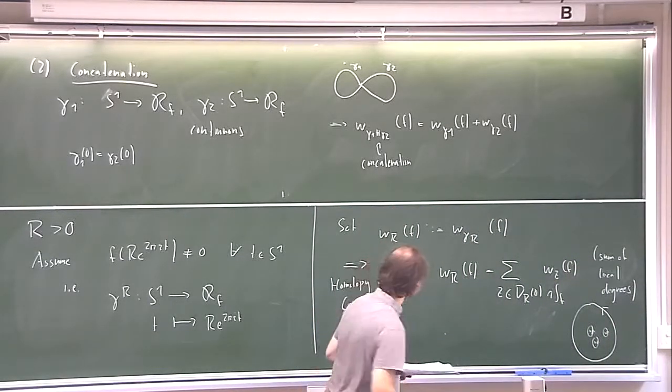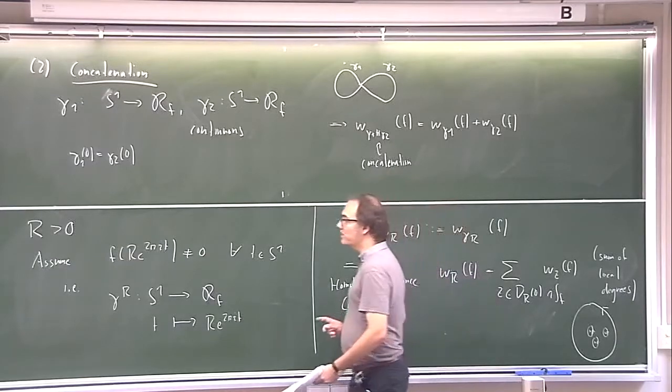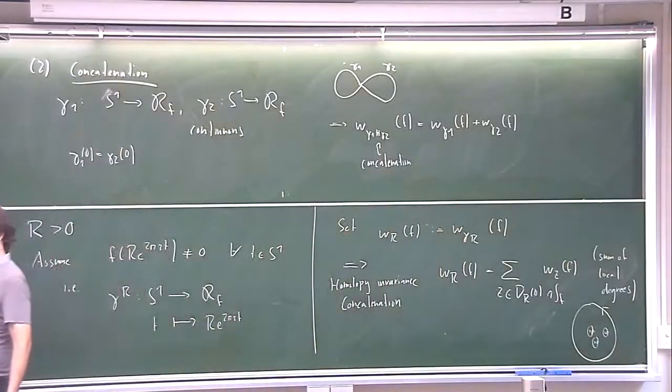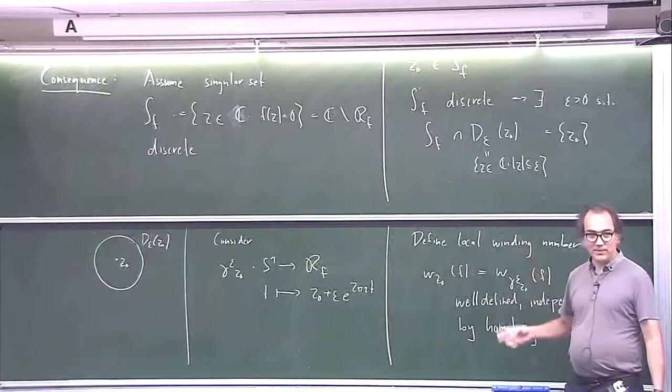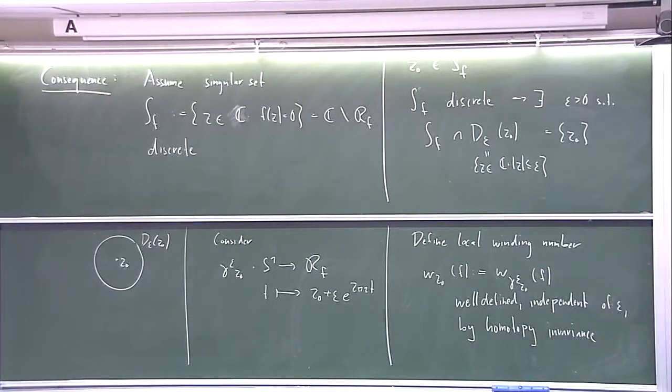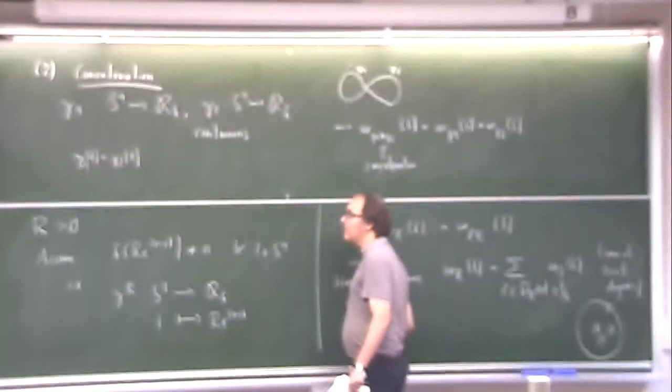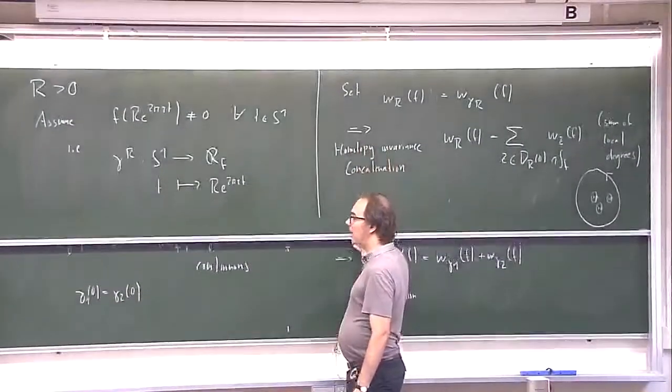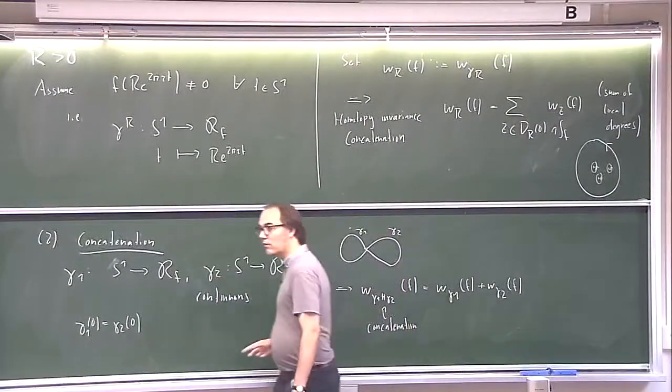Now suppose f was just real smooth. If f is holomorphic, we can say more, because if f is holomorphic, then these local degrees are always positive.